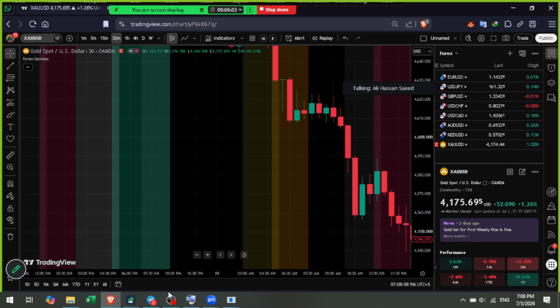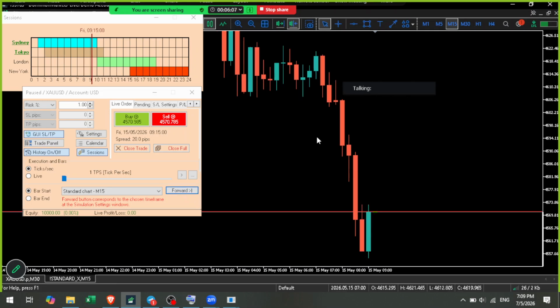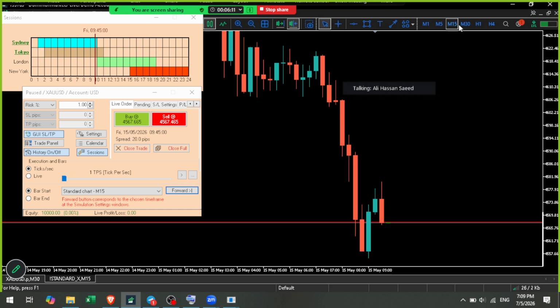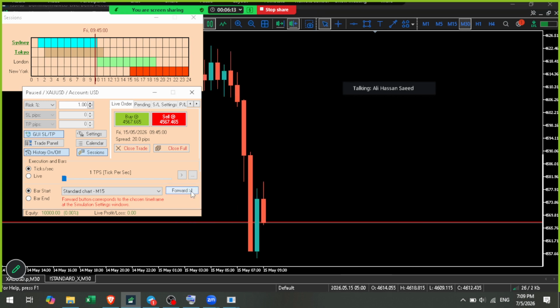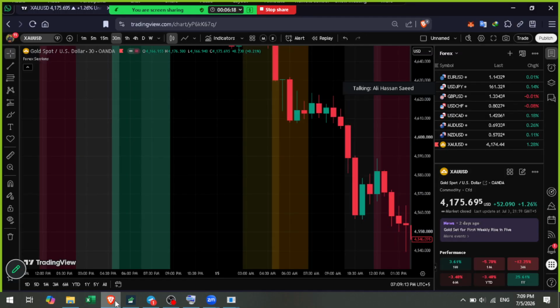Support and third candle. Support this. What is this? 15. We need to go 30. Where is this green candle? Start of this green candle.